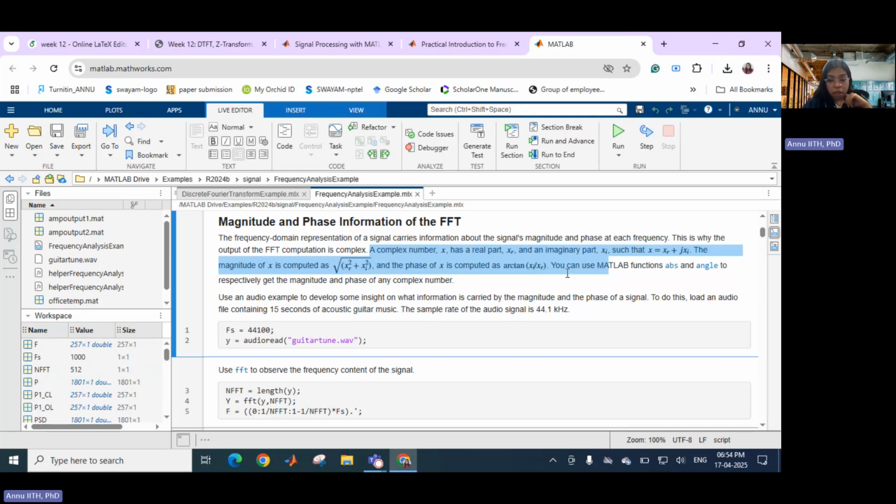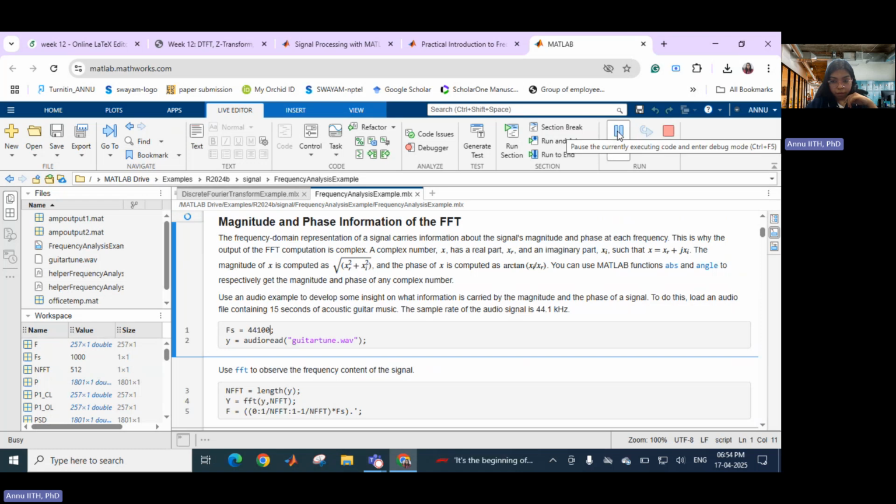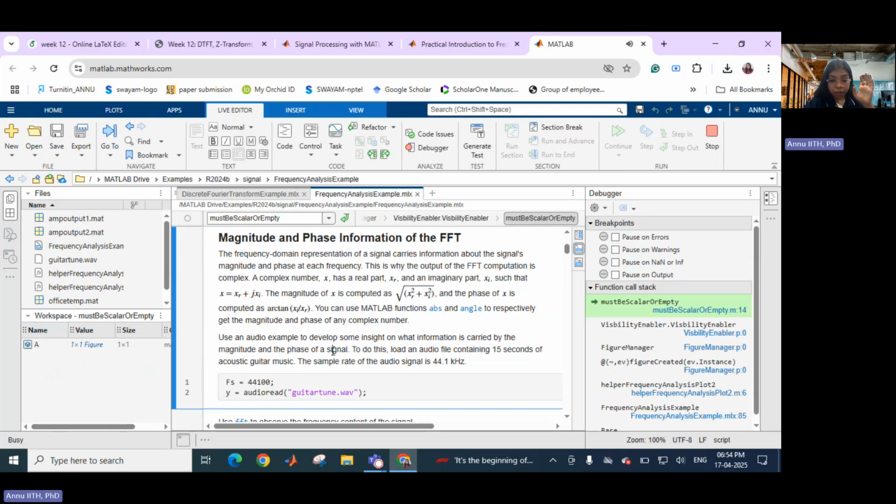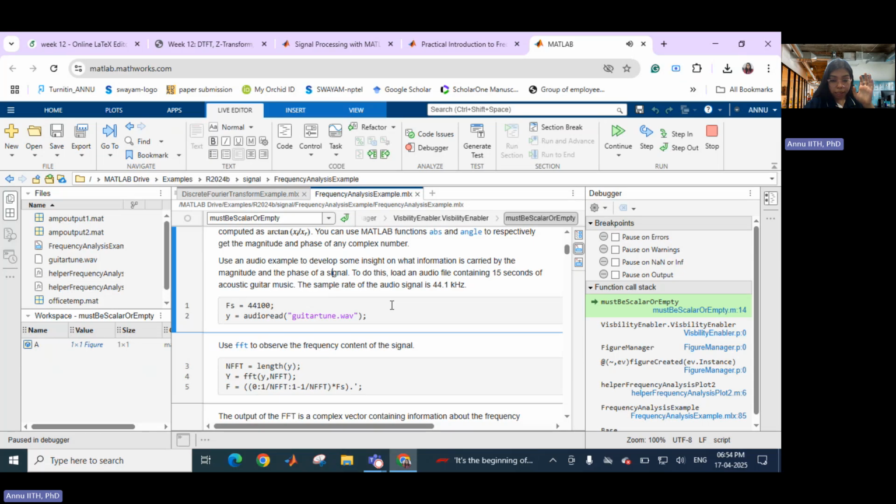In MATLAB, you can use abs and angle respectively to get the magnitude and phase of a complex number. So let's first read. Now, this was the content.